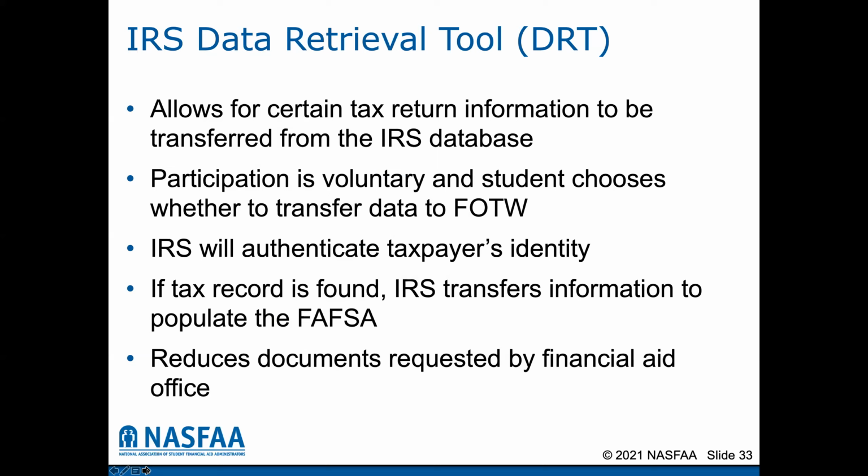If a student is chosen for the procedure of verification, we have to collect documentation, and we have to then begin verifying that the information you put on the FAFSA is accurate and true. So it will require some documentation to be submitted to each financial aid office. And using the data retrieval tool could reduce that amount of paperwork.